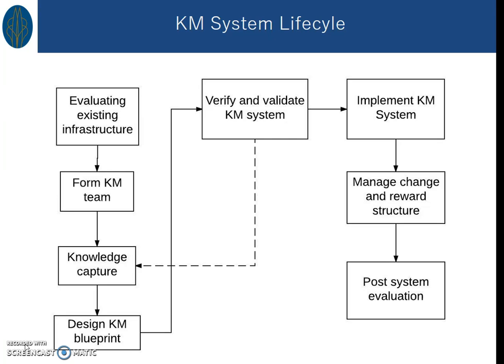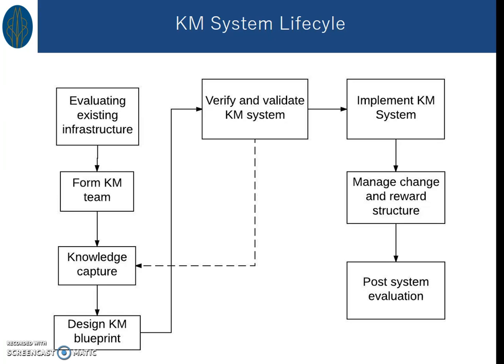You would also notice that there is a dashed arrow line from verify and validate KM system to knowledge capture. This indicates that knowledge is always evolving. There will always be new knowledge that is being posted. So once new knowledge is added, you need to again verify and validate that knowledge.